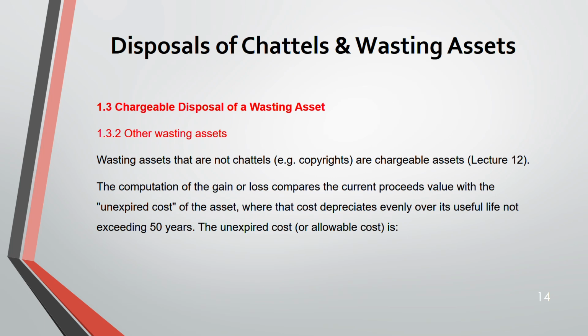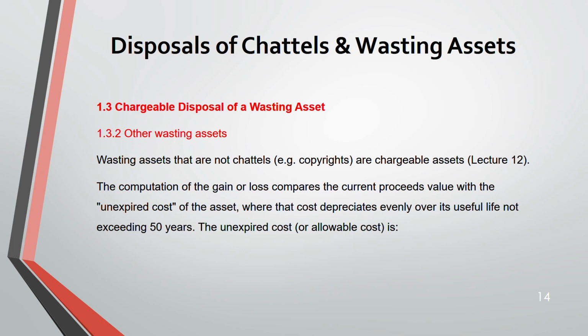In terms of copyright, remember copyright is an intangible asset. It will have depreciation. The cost will depreciate. So we have to take that part and deduct it from the cost. Okay. So we compare the sale proceed with the unexpired cost of the asset, the cost that was not expired.